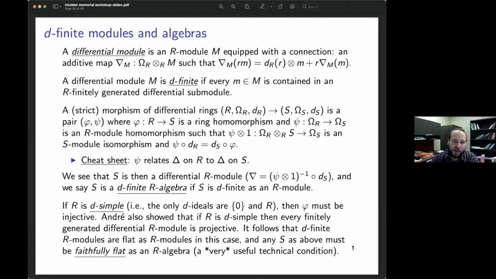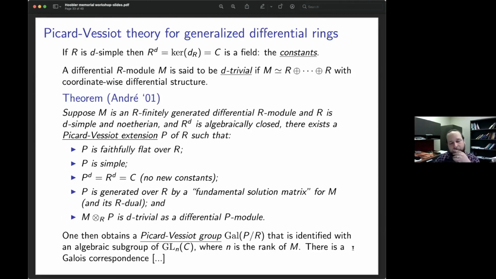These are the differential analogs of finite separable extensions of a field. Out of them, you can build a Grothendieck topology on differential schemes. And what's nice about it is that in this class of differential rings, Andre developed a version of Picard-Vessiot theory that works not just for fields but also for rings.